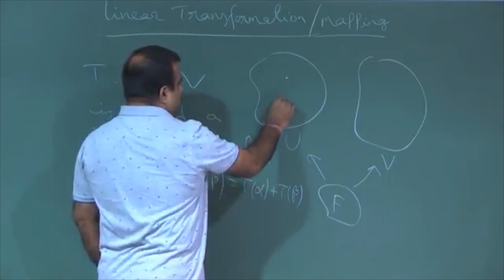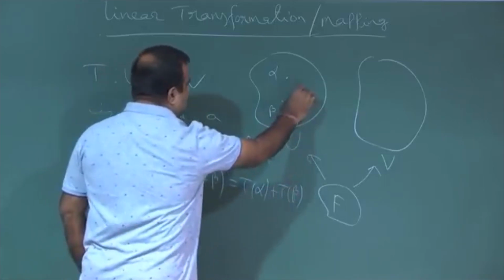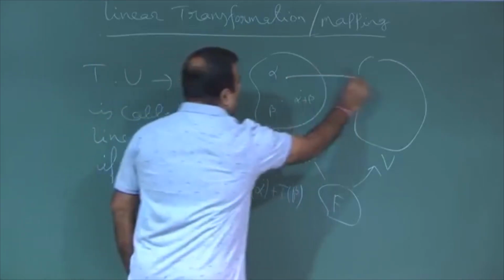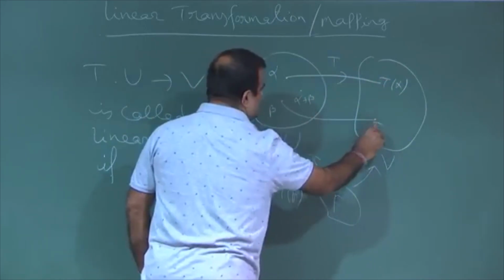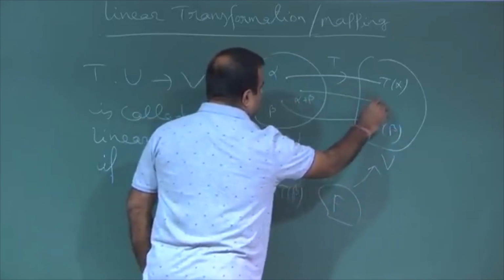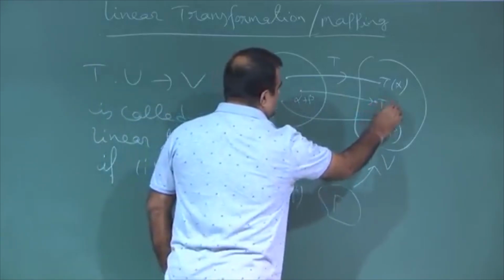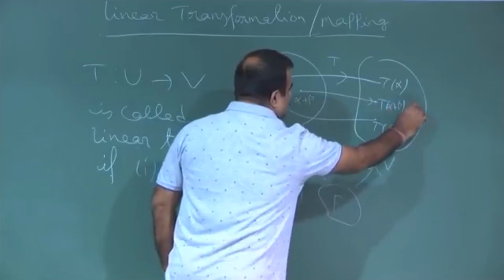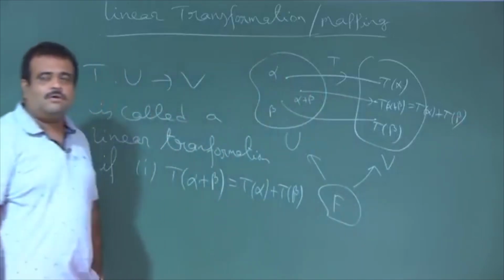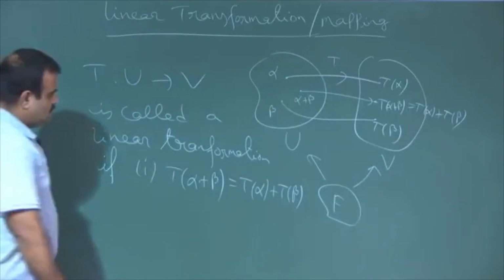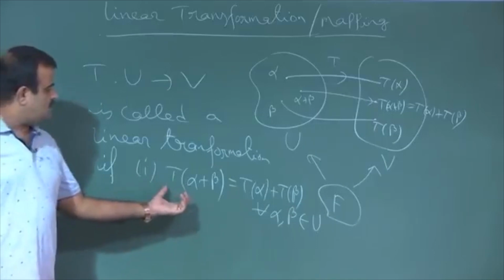So we take two vectors alpha and beta from U, and this must be true for all such alpha and beta. T alpha and T beta could be the same also. This is one condition, for all alpha, beta belonging to U. So this is a linear property.